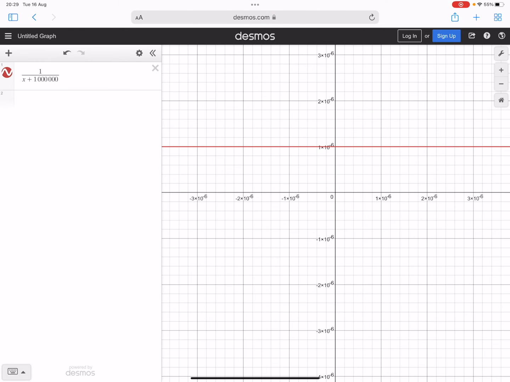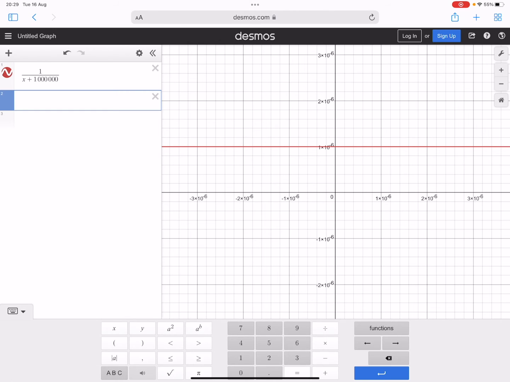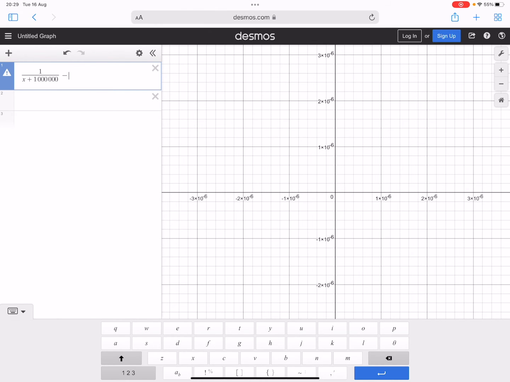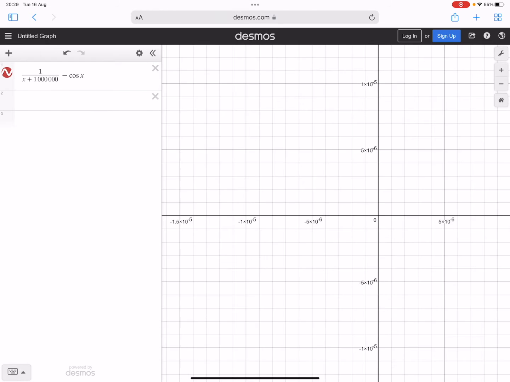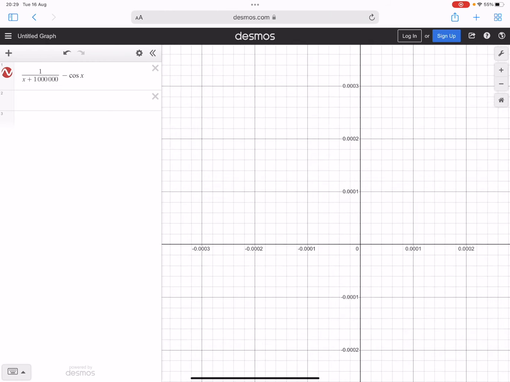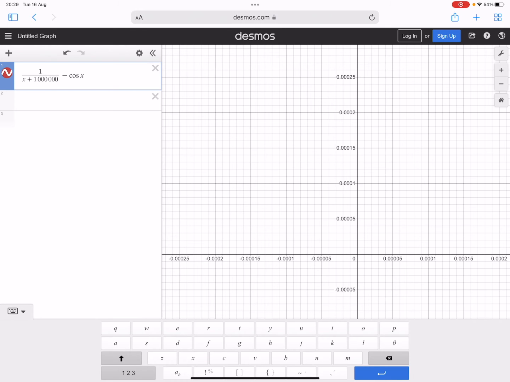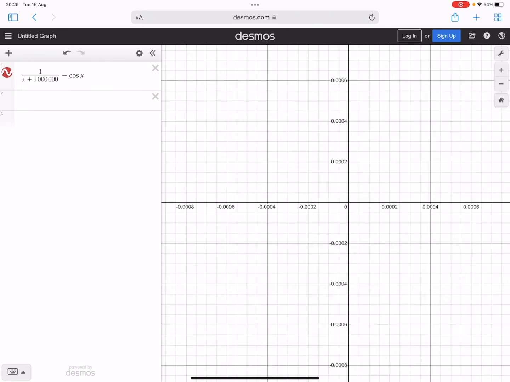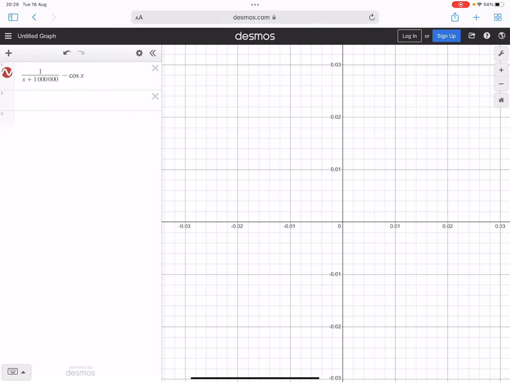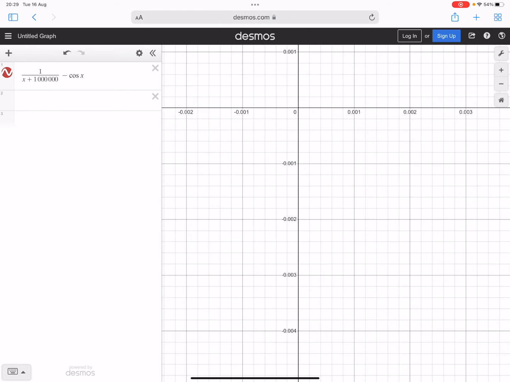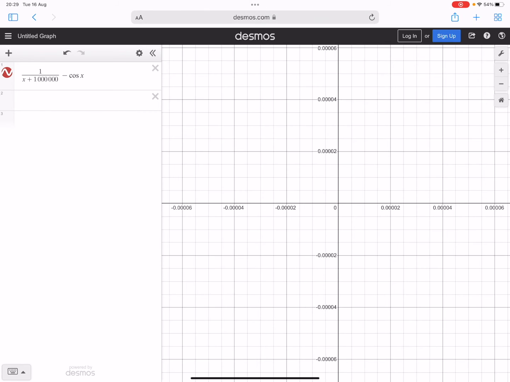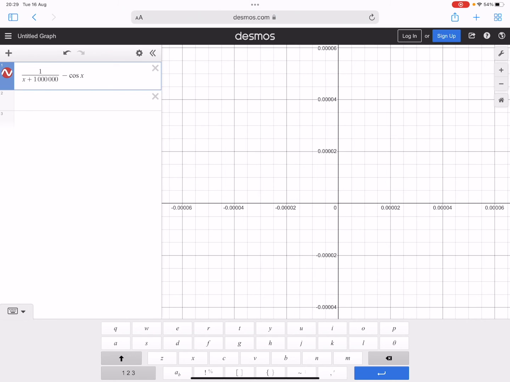And if we do that minus cosine of x, did I do something meaningless? Let's put the modulus in.